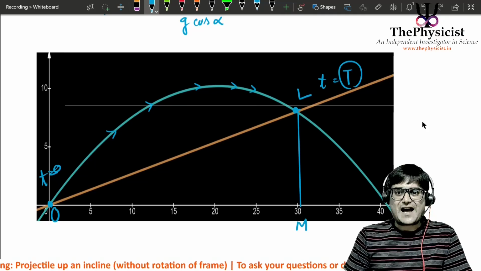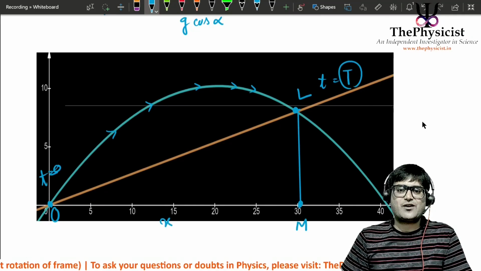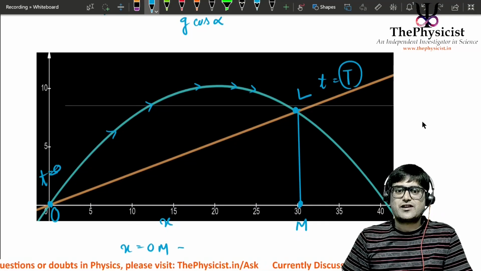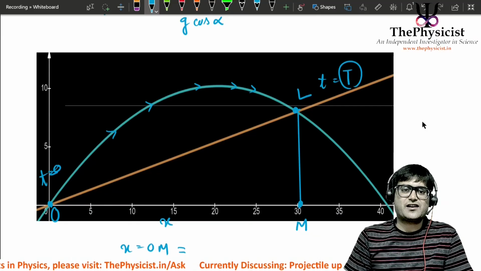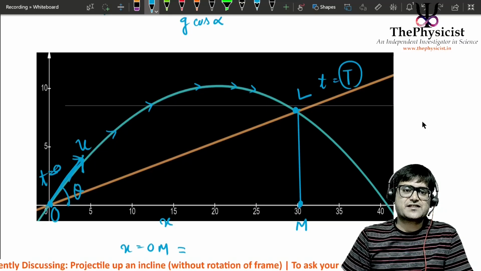So when that happens, the particle's x coordinate is simply OM. And all throughout, it has not changed its x component. This is u, the initial velocity, and this angle is theta.